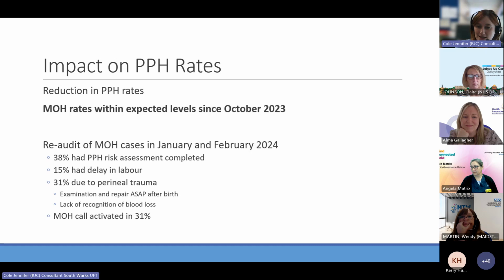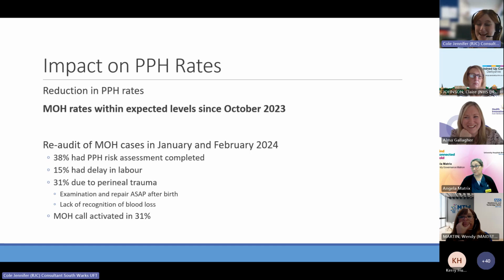One of the things that we weren't so good on last time was activating our MOH call. We have seen an improvement in this, again, still some way to go. And I think it's interesting as QI measures the side effects of change. Actually, one of the things we've noticed with that MOH call being activated is suddenly we've had a lot of contact from our blood bank going, we're a bit worried, guys, are you sure you're using this appropriately? Because now we're using it so much more often.